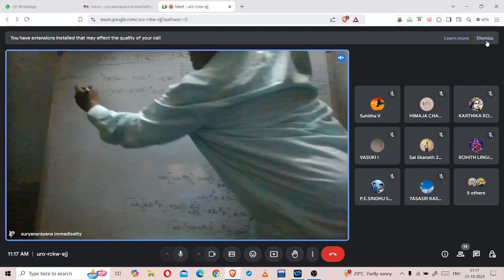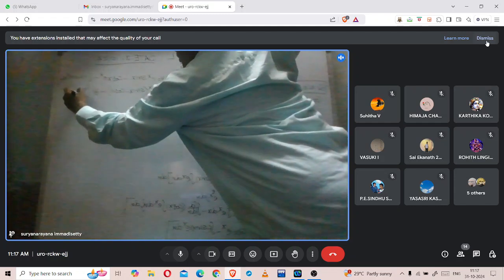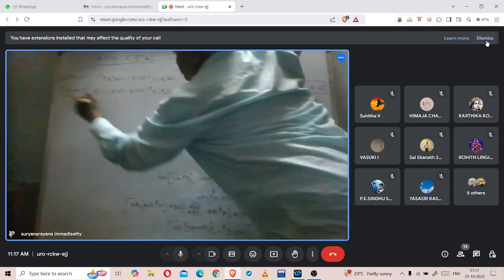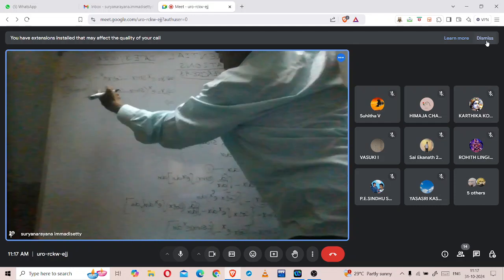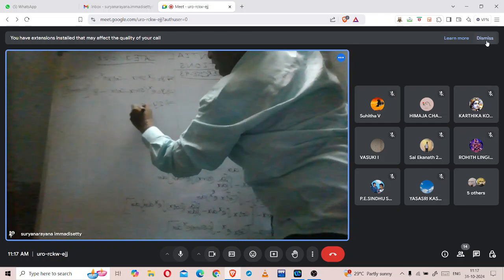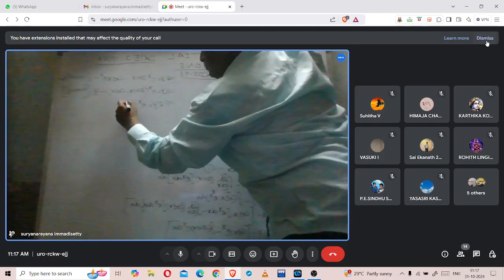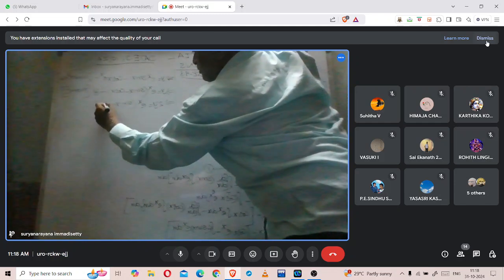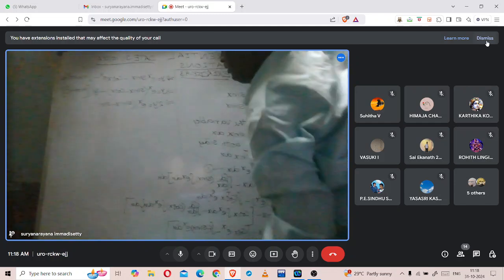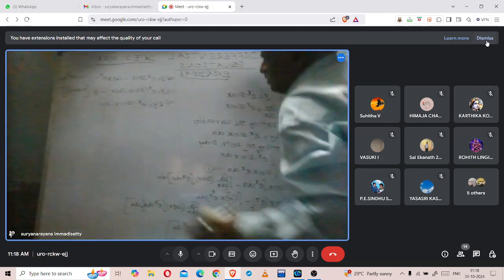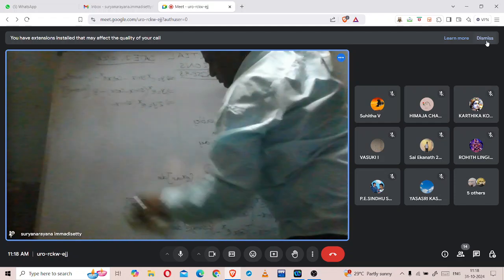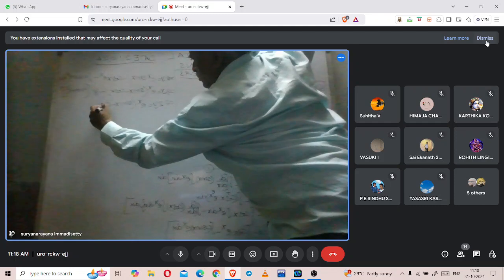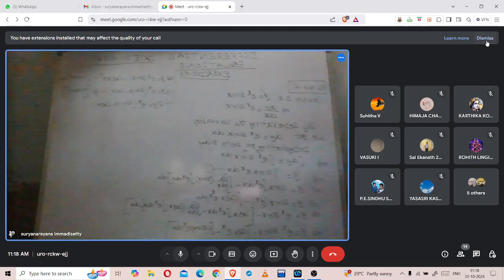Otherwise you can take this equation 1. So from equation 1, this implies 2y is equal to e power x into sin x minus cos x. Then what will you get?